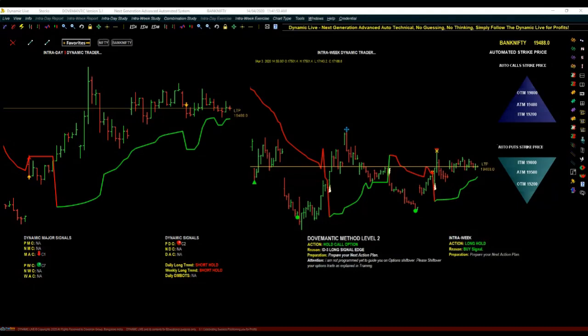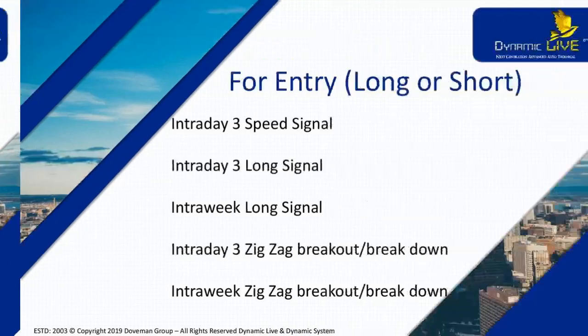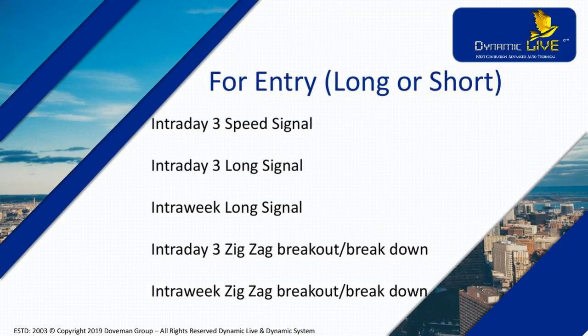So as I was telling you, the job here is to identify the right entry and right exit for you. But then just to give you a right entry, there are these multiple signals that are at work. Like we have the intraday 3-speed signal, intraday 3 long signal, intra-week long signal, zigzag breakouts and breakdown, and so on. Now you may be wondering why multiple signals are used.